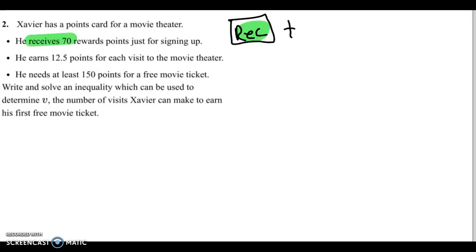Okay. So we've got how much he receives at first. We've got how much he earns times every visit he takes. We've got that, and it has to be at least 150. So since it has to be at least 150, it's going to be greater than or equal to.